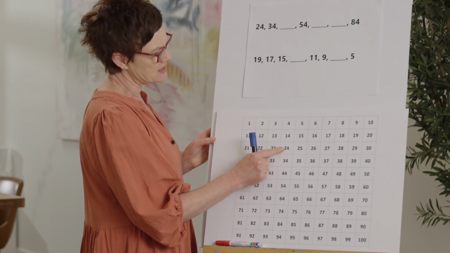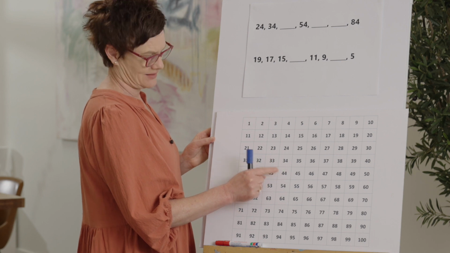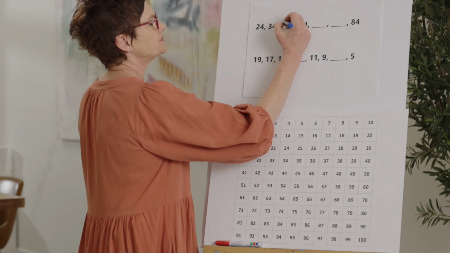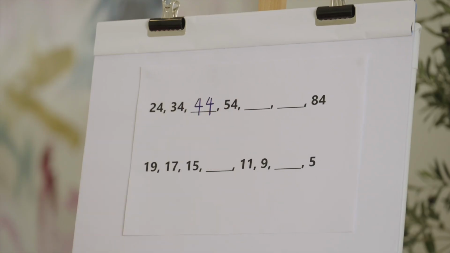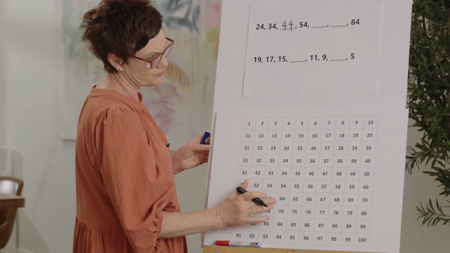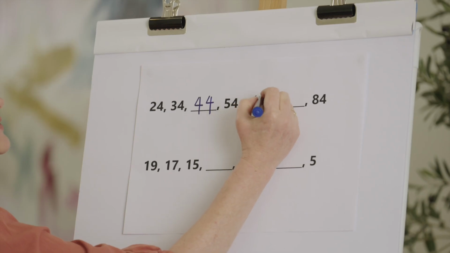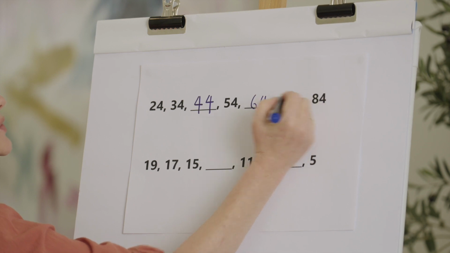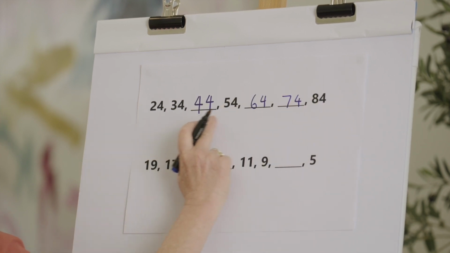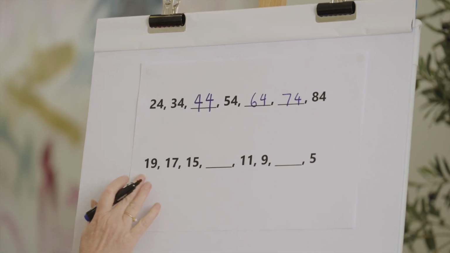So we've gone to 24, 34. Our answer should be 44, 54, 64 and 74. Mystery solved. We are increasing by 10. Well done. Let's try the next one.